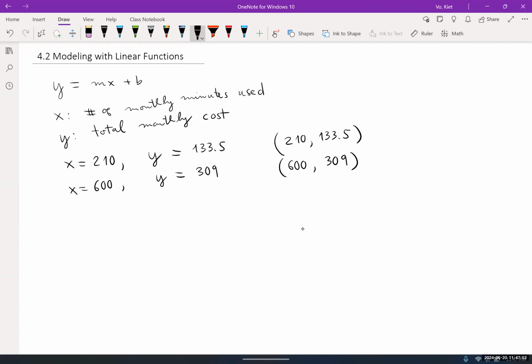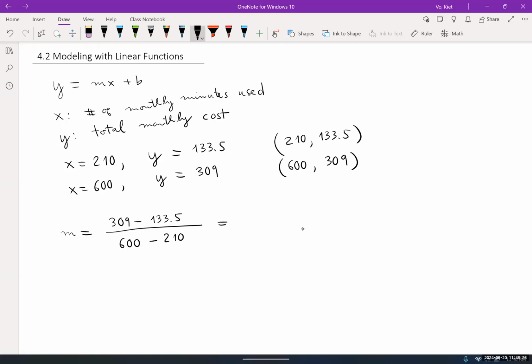To write this equation using the 2 points that we have, we have to find the slope of this equation, which is m. The slope m is going to be equal to 309. Remember the formula is y2 subtract y1, divided by the difference x2 minus x1. So we have 309 minus 133.5, divided by 600 minus 210.